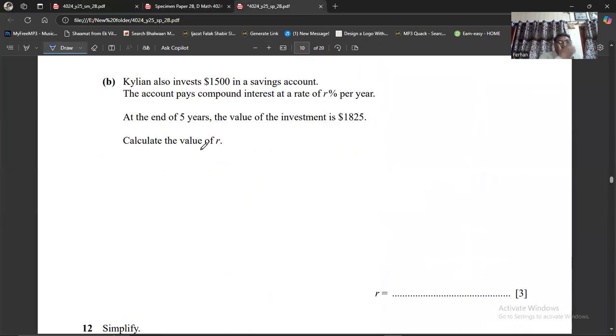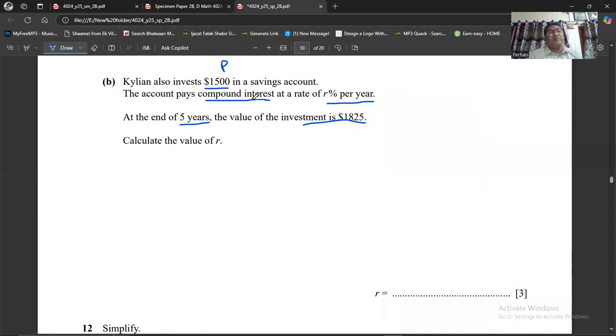He says Kalyan also invests $1,500 in a savings account. The account pays compound interest at a rate of R% per year. At the end of 5 years, the value of the investment is 1,825. So the principal amount here is 1,500. This is the P value.